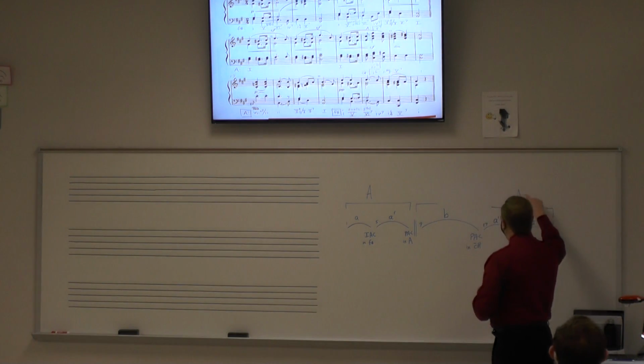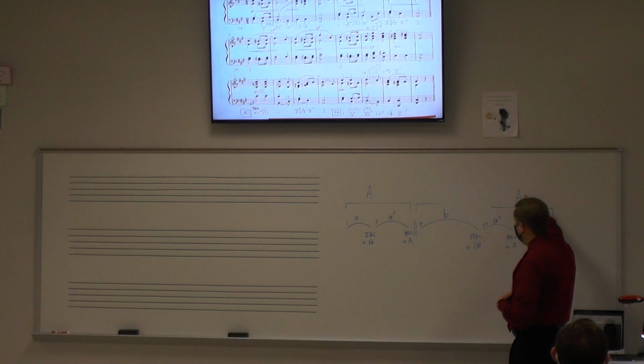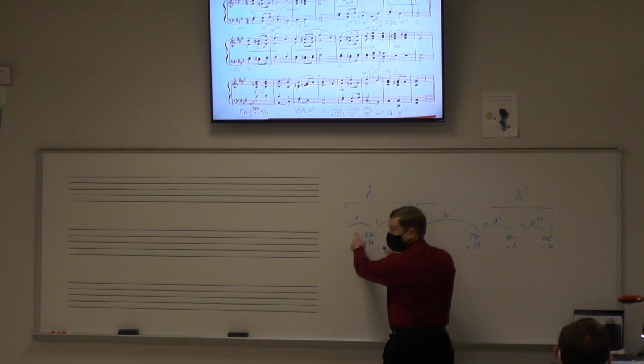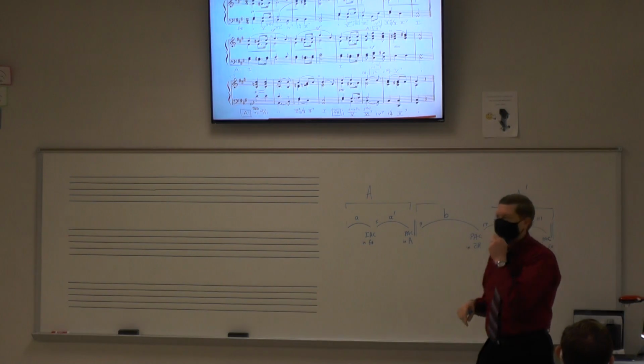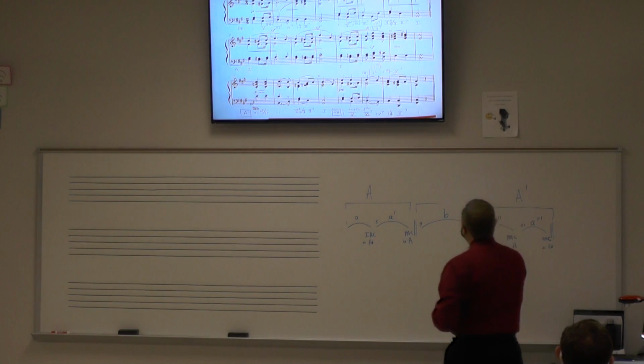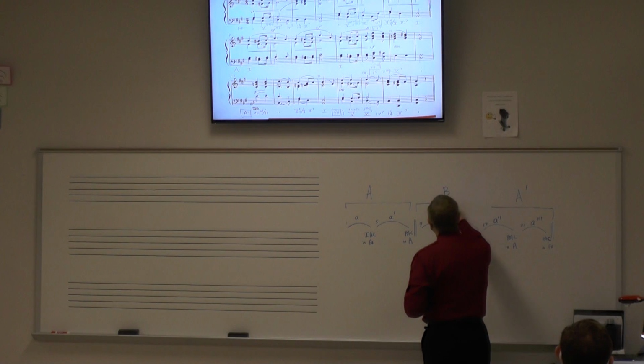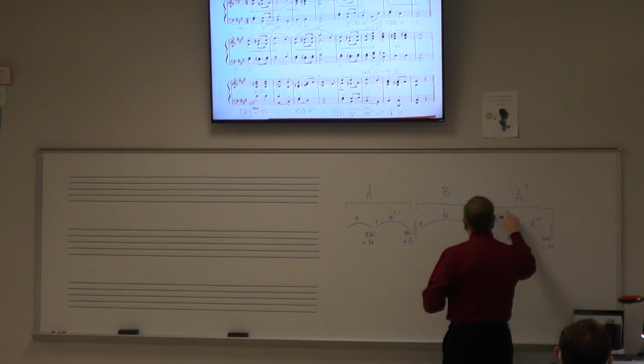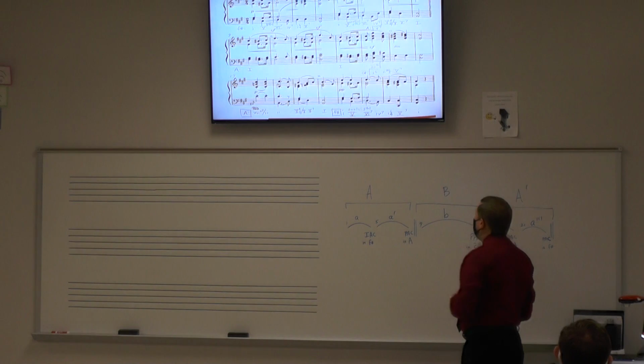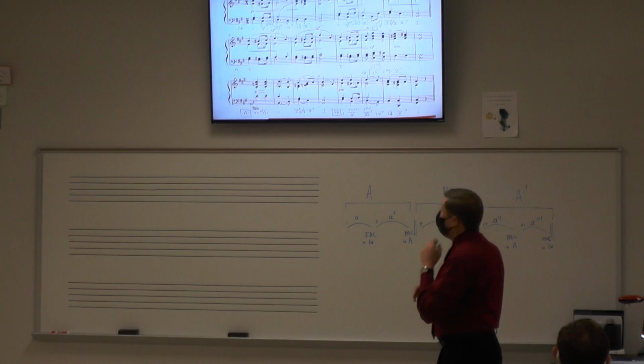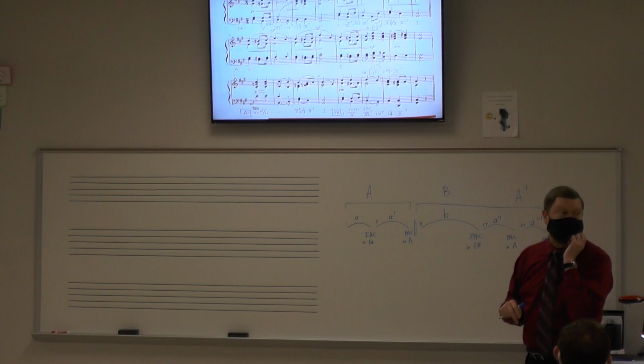And by the way, what should I call this? Capital A what? Prime, right? Because these two are not exactly like these two. So now, obviously, we're going to have a B section in the middle, and I'm going to just connect this for now, although I don't know yet whether or not this piece is ternary or rounded binary.